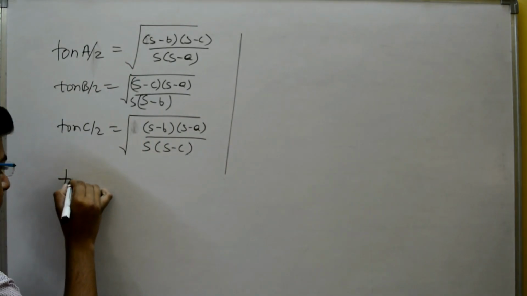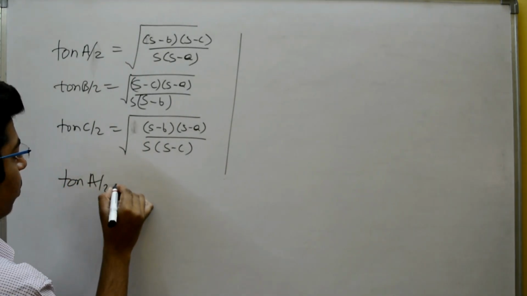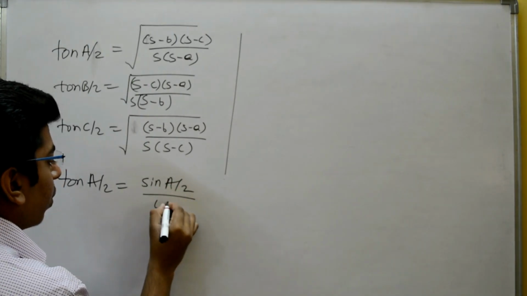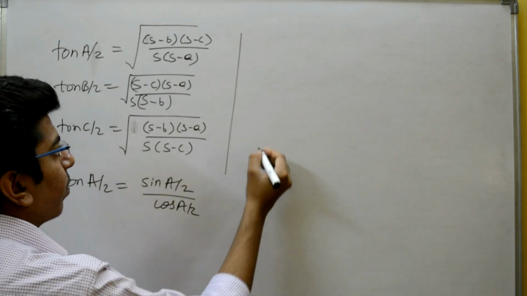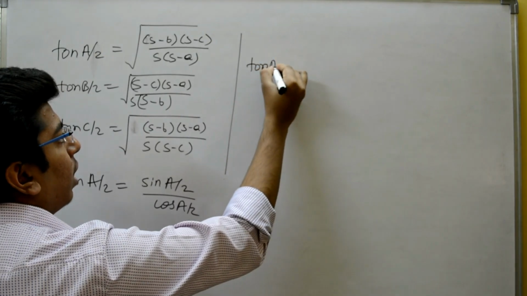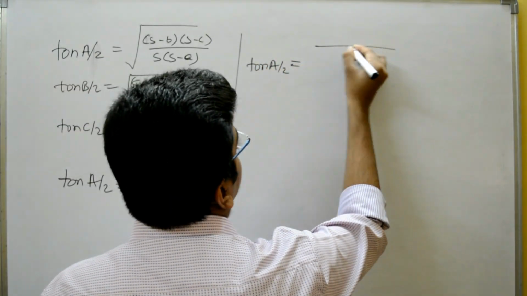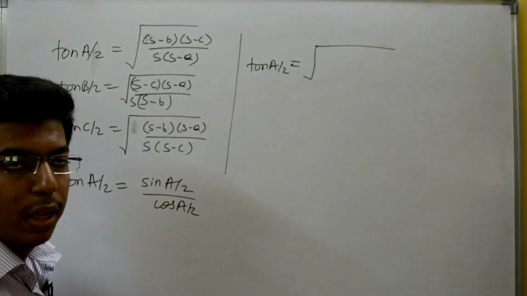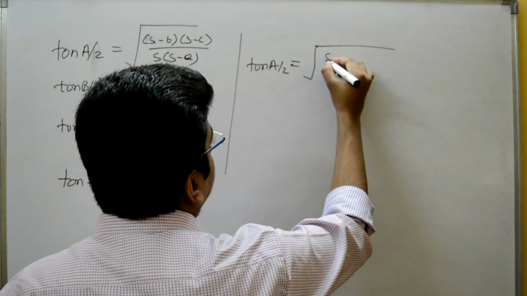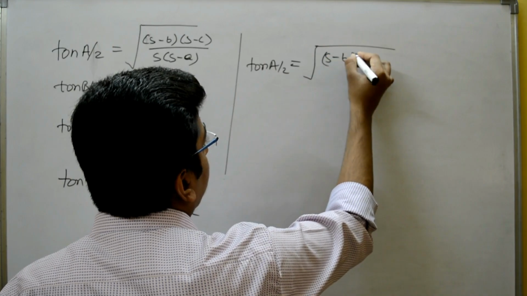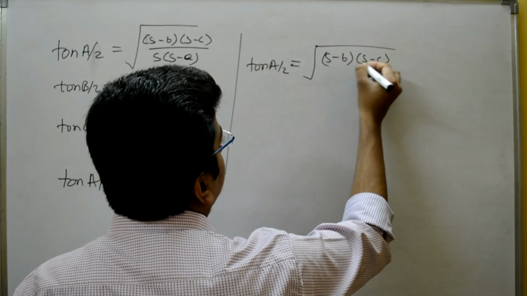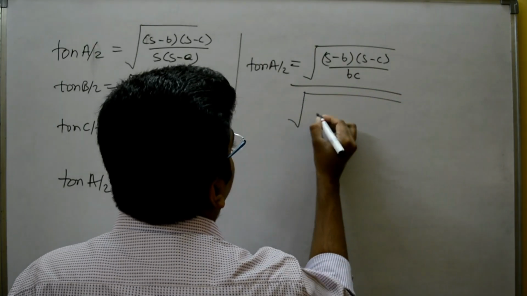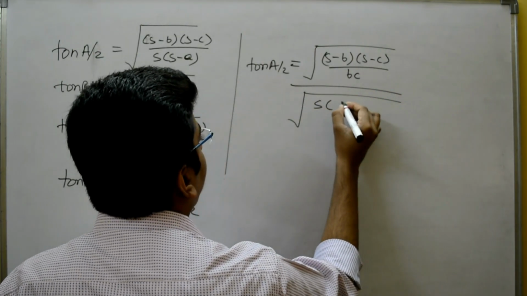So simple, tan A by 2 is equal to sine A by 2 upon cos A by 2. But tell me one thing, what is sine A by 2? Sine A by 2 is under root of (s minus b)(s minus c) upon bc. What is cos A by 2?